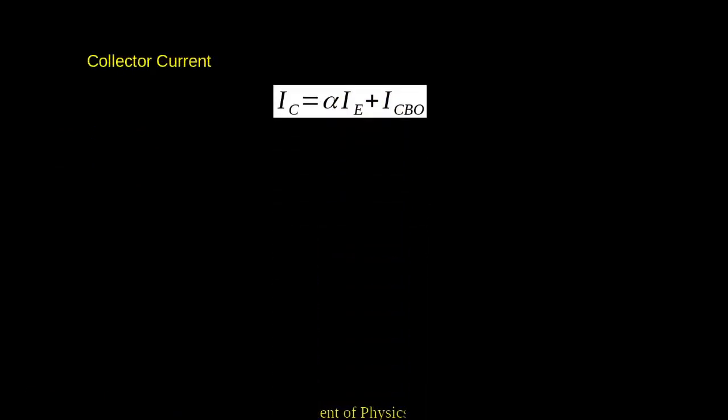Its value is much smaller than alpha IE. So the total collector current IC is equal to alpha IE plus the current across the collector base junction, that is ICBO.